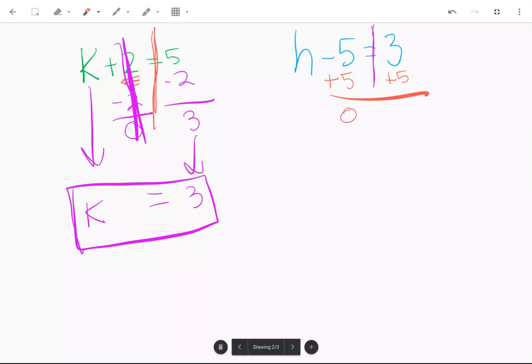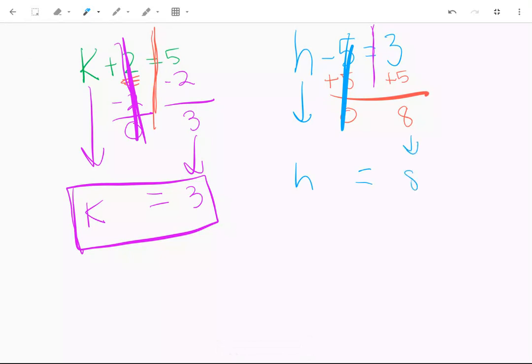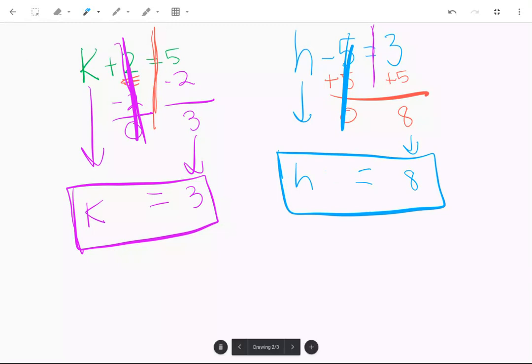If I have 3 and I add 5 to it, I get 8. So I bring down my h. I have 0, let's cancel it out. I'm going to keep my equal sign, and I have now 8 on the right-hand side. So h is equal to 8.